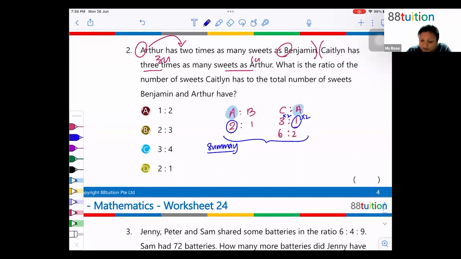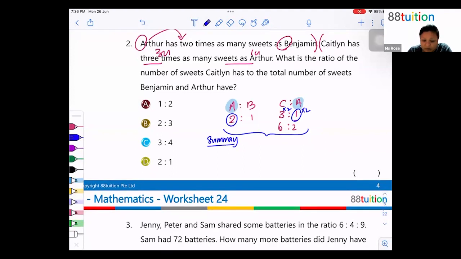Okay, so I'm going to continue. What I said just now is to write down the summary so that it's easier for you to identify each item and you don't have to go looking for your answers. So the summary between A, B, and C: A is 2, B is 1, and C is 6.